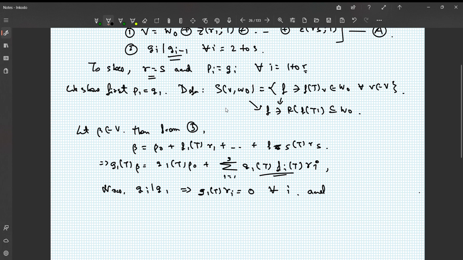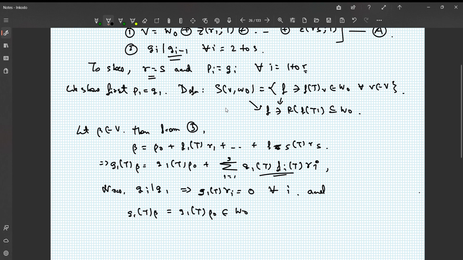So this part completely becomes 0, and then we have g1(T) of beta is equal to g1(T) of beta naught. This is inside W naught, because W naught is a T-admissible subspace, so it's basically a T-invariant subspace as well.